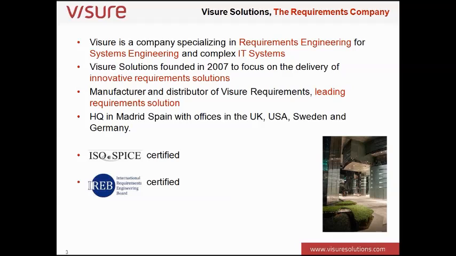Visual was founded in 2007, so we've been around nearly 8 years, focused entirely on the delivery of innovative requirements solutions and requirements tools. We are the manufacturer and distributor of Visual Requirements, now recognized as a leading requirements solution.